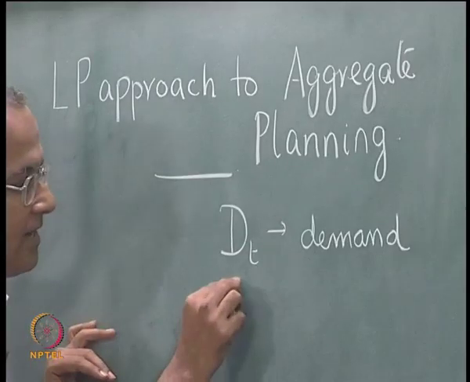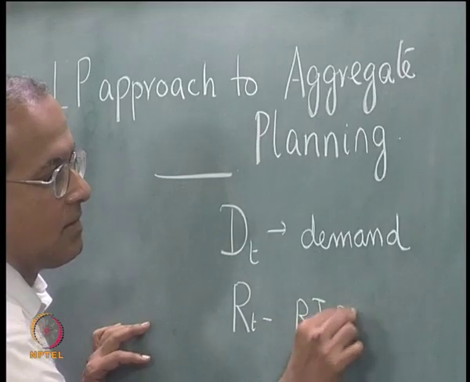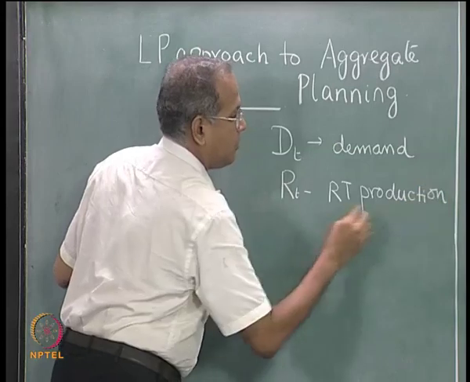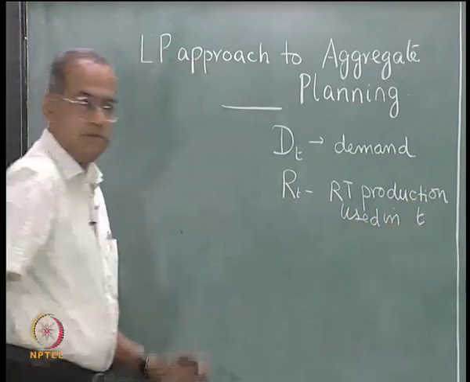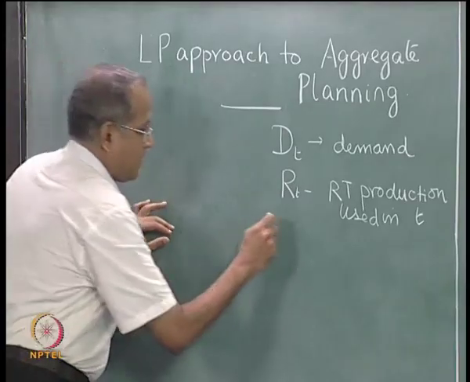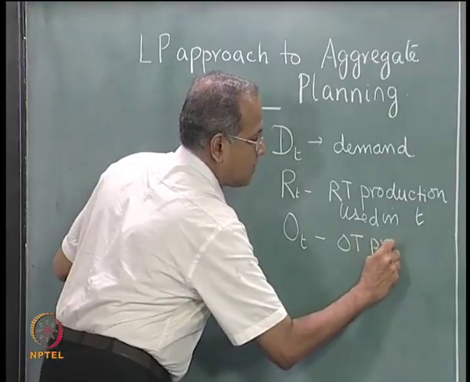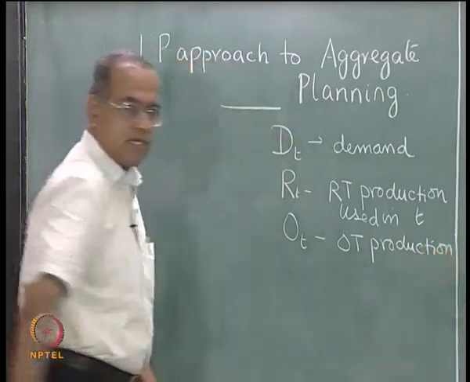Let us say RT is the regular time production used in period T. Let us call OT as the overtime production used in period T.